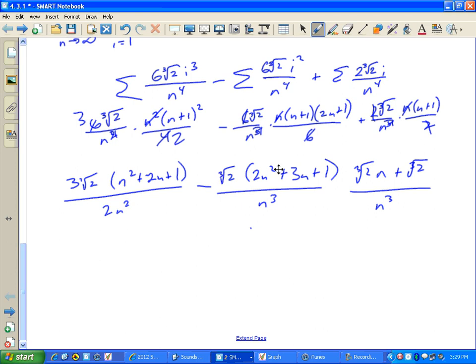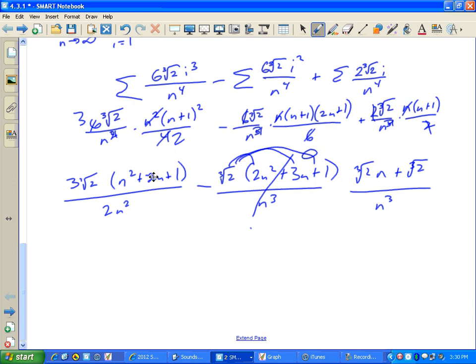Now, if we start looking here, I could distribute this in, and then I could break up each term so it's got an n cubed underneath. But if you notice, each one is going to have more n's on the bottom than on the top. The limit of this term entirely as n approaches infinity is 0, so I can get rid of the whole thing right away.